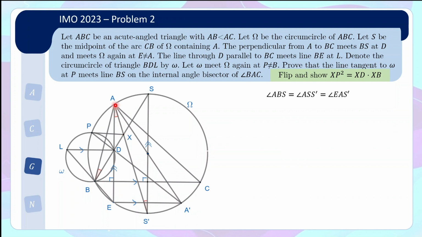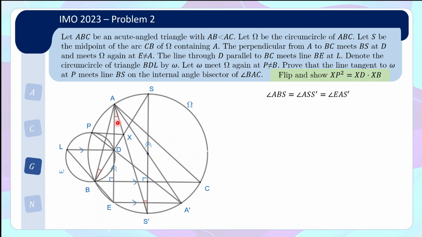Well, we do have the following. We have ABX, because this is using the concyclic property, this right angle here equals this right angle. And then using the fact that SS prime and AE are parallel, we have this right angle equals the other right angle.